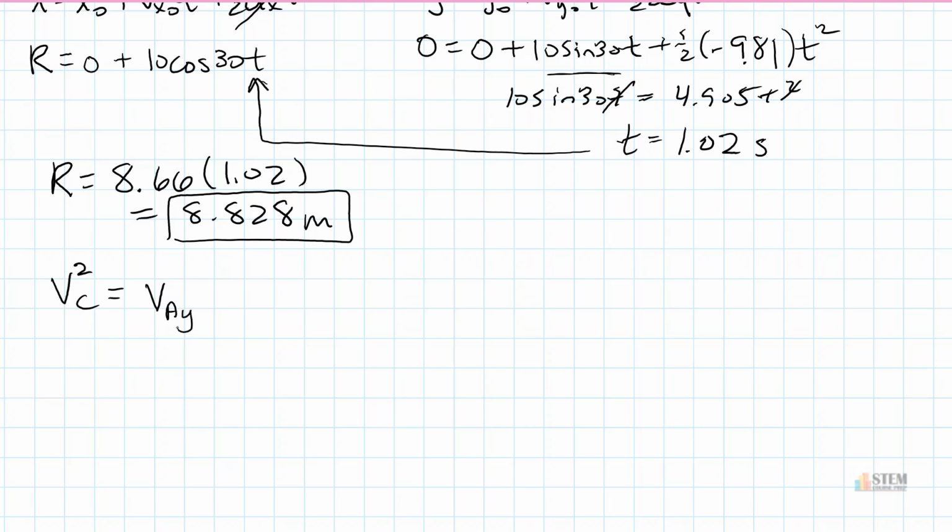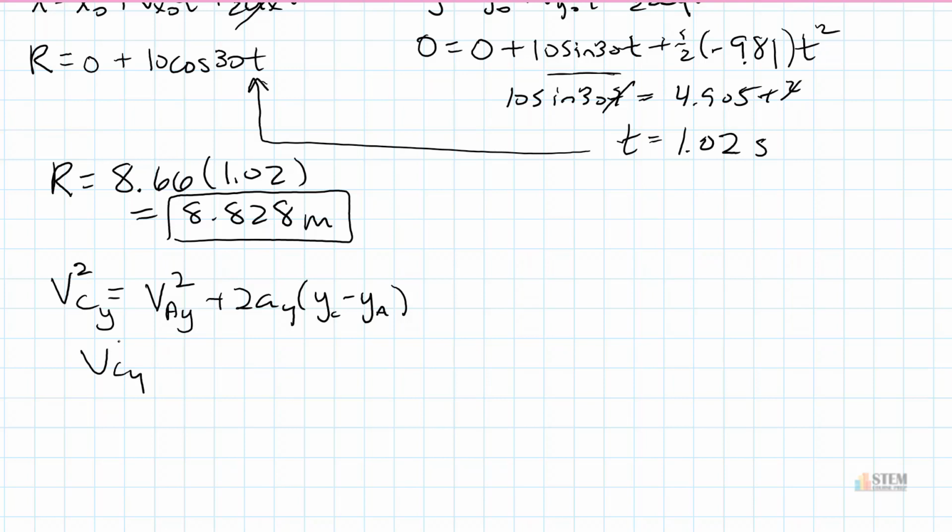So let's just say that that's in the y direction. Actually, let's make a y here. VCy squared equals VAy squared plus 2ay times the difference in the y displacements. All right, and I think just a second ago I said we weren't going to do A to C anymore, but let's use this equation.